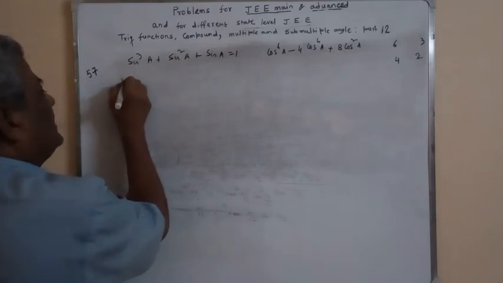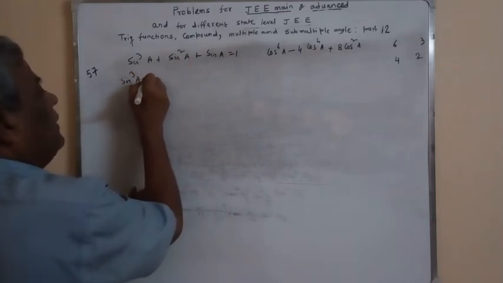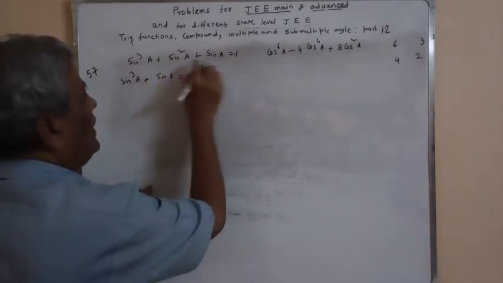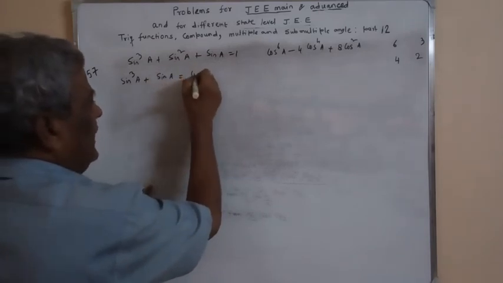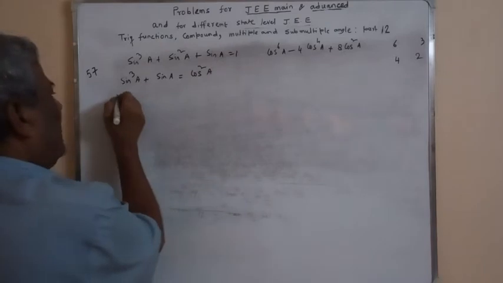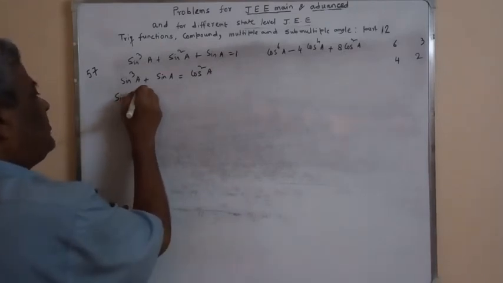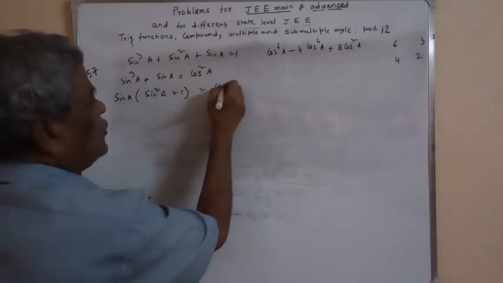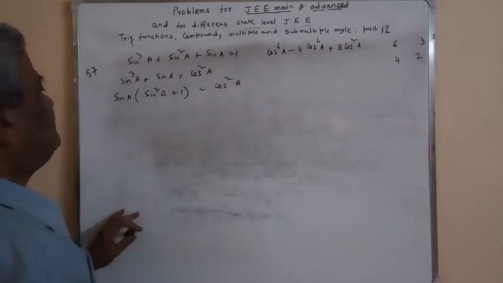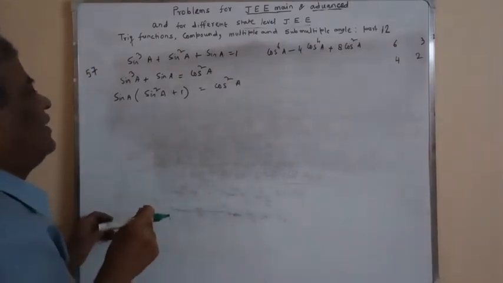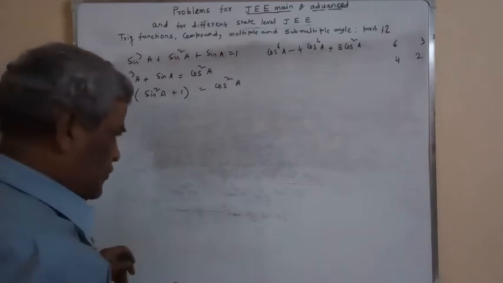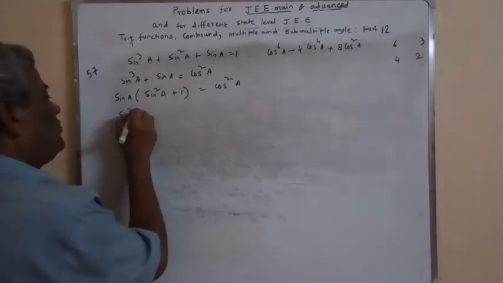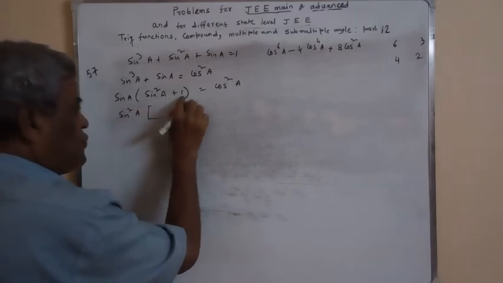For that purpose, sine cube A plus sine A is equal to 1 minus sine square A, that is cos square A. Take sine A common: sine A into (sine square A plus 1) is equal to cos square A. Now, squaring both sides, it is sine square A into this whole square.